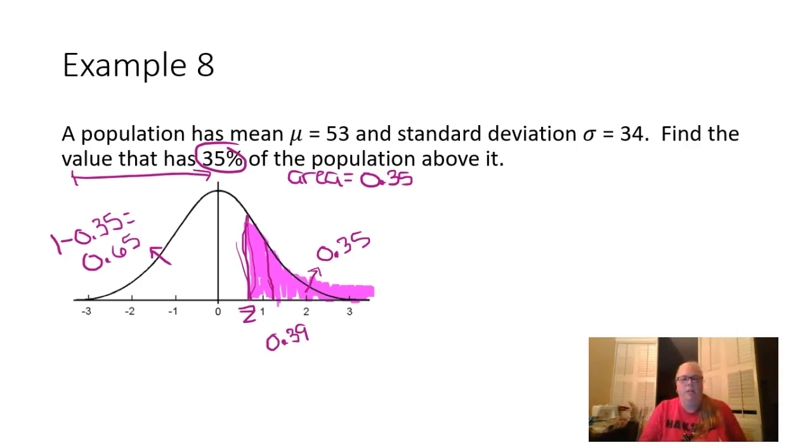and I'm going to write it up here at the top just to remind us of what it is. The formula is x is equal to mu plus the z-score times the standard deviation. Now, this is just the z-score formula. Somebody just moved it around somewhat, so instead of being equal to z, it's now equal to x.